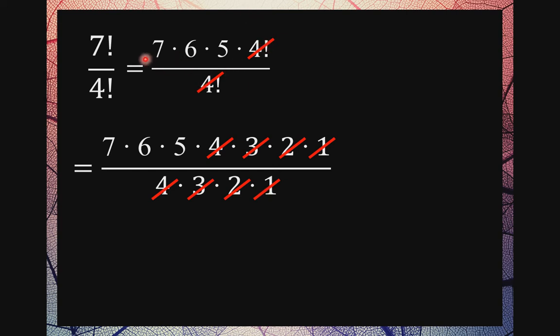Ang technique natin, kung ano yung divisor natin, i-expand natin ito, at pag may nakita na tayong kamukha sa divisor, mag-i-stop tayo. So, lilista natin 7 times 6 times 5 times 4. Eh, may kamukha na ng 4. So, stop tayo sa 4 para pwede na natin silang i-divide. So, matitira is 7 times 6 times 5, which is equal to 210.